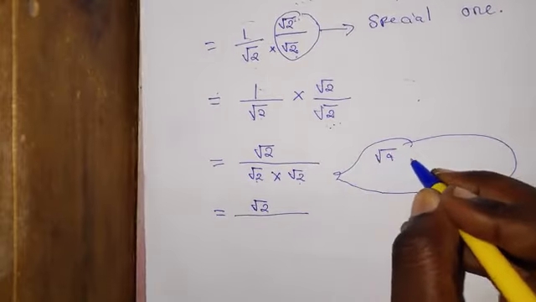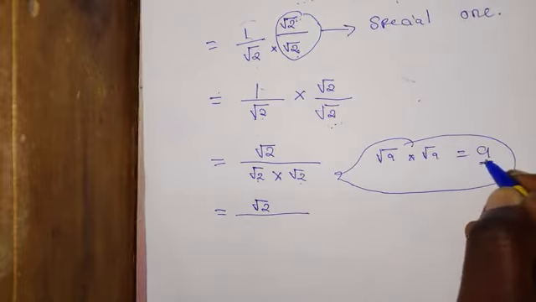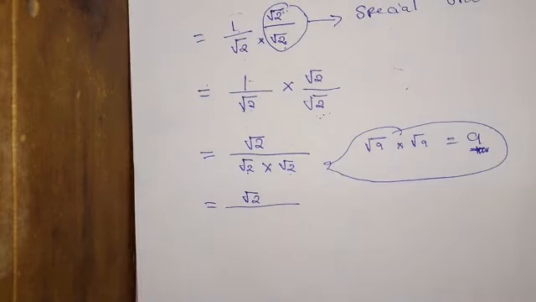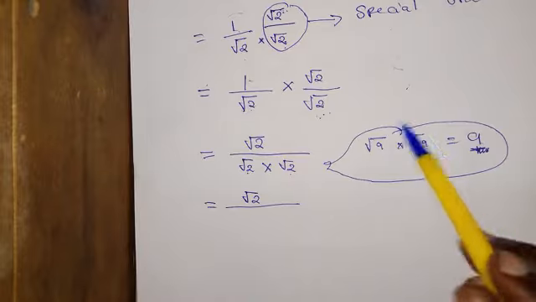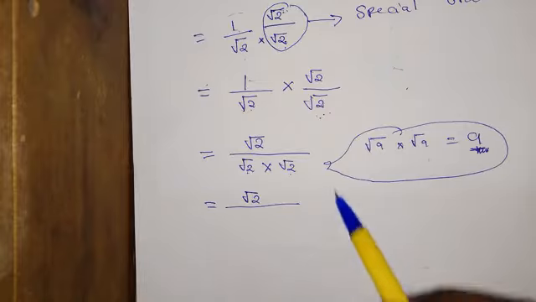According to the property, root a multiplied by root a is equal to a. Remember this from the previous video. If you've not done SADs, I will advise you, before you look at this video, better you go back to the video on SADs. Understand the SADs, then come back to the concept of rationalization.